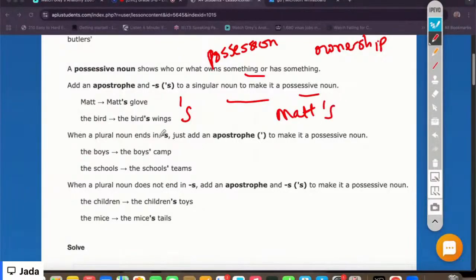Then when a plural noun ends with s, just add an apostrophe afterwards. Like the boys ends with S, you add an apostrophe. And when a plural noun does not end with S, you have to add apostrophe and S. So just like when we say mice is in the plural form, it doesn't end with S. So we put apostrophe and then S.